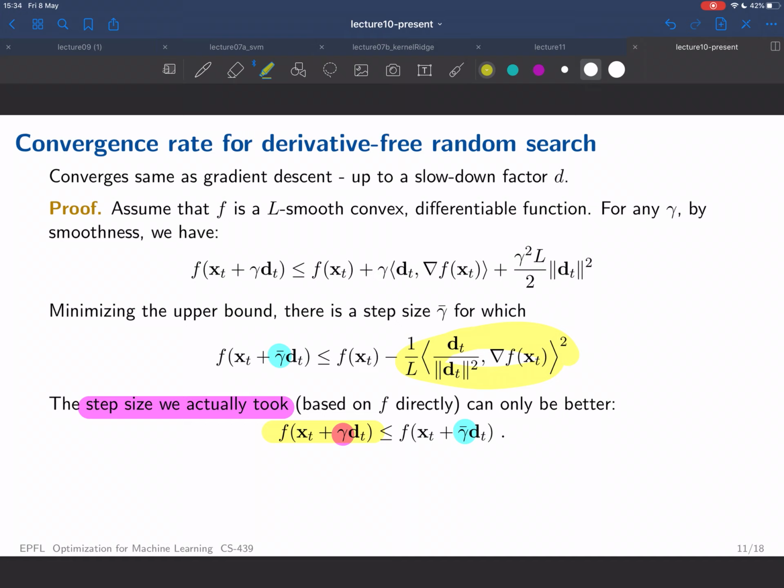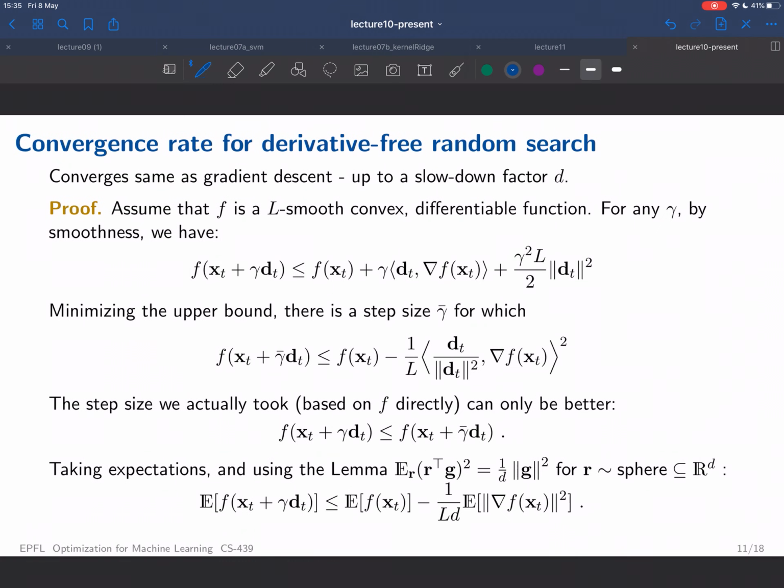So it's just the inner product of the normalized direction D with the gradient. I think I have a typo here, there's no square here. I'm asking how much my random direction is aligned with the gradient, and that's my improvement.